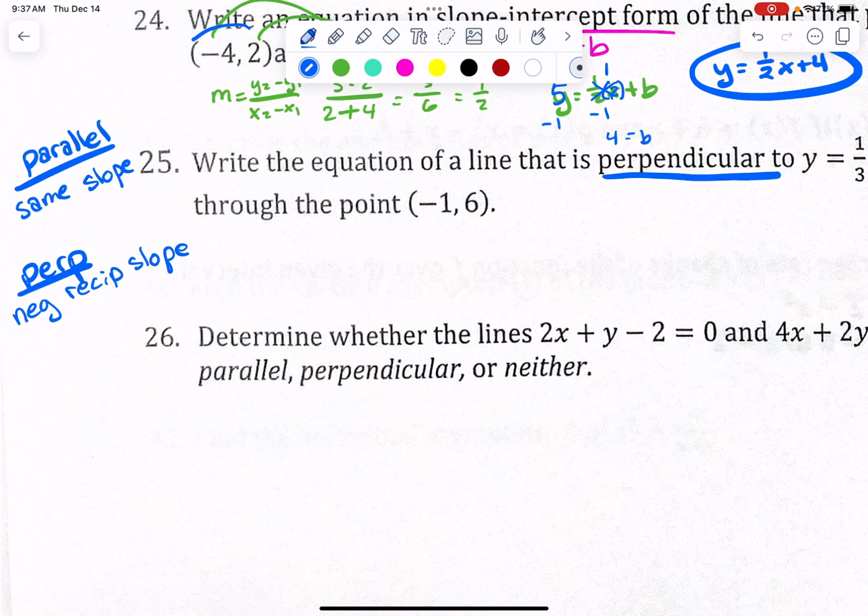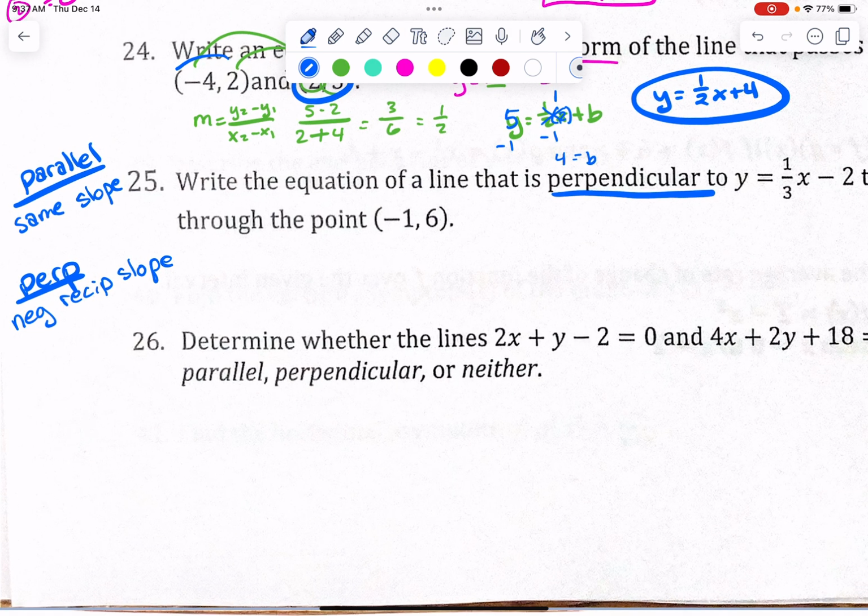Okay, so this is my original one. This is the original guy, and if I'm trying to find the slope of my original guy, that is 1/3. I'm just picking it out of here. So if I'm looking for a parallel line, 1/3 slope is going to stay 1/3. But if I'm looking for perpendicular, 1/3 is going to be negative reciprocal.